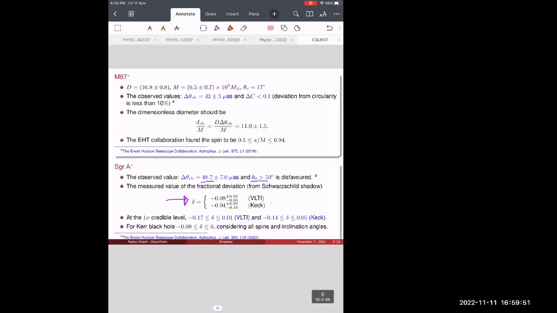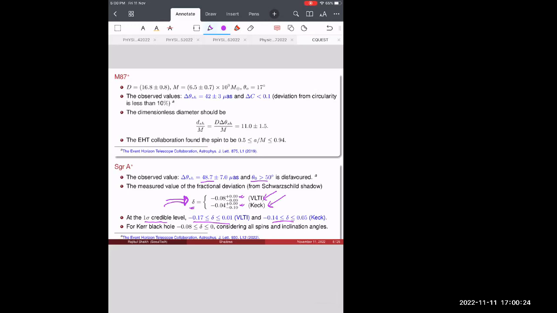They took these mass and distance measurements from two other measurements called VLTI and Keck observations. They have provided two corresponding sets of values for delta, and these are given by this. Therefore, we found that at the one sigma confidence level, delta should lie in this range for VLTI, and for Keck this.